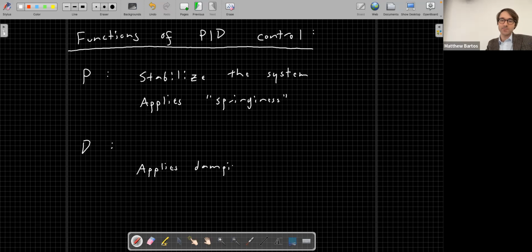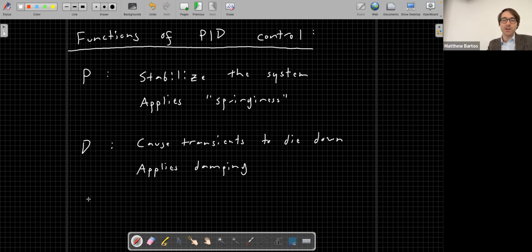We use this to reduce transients, or to cause transients to die down.